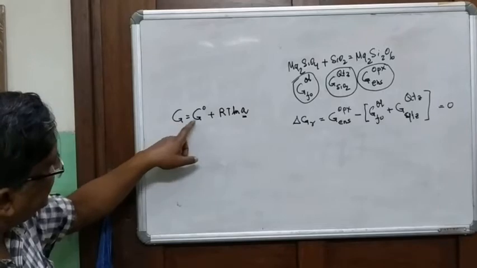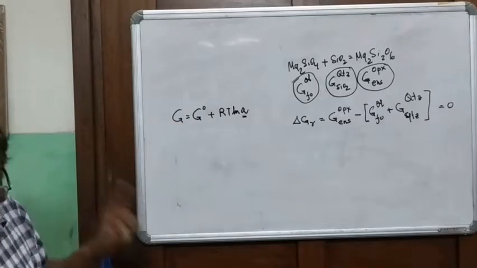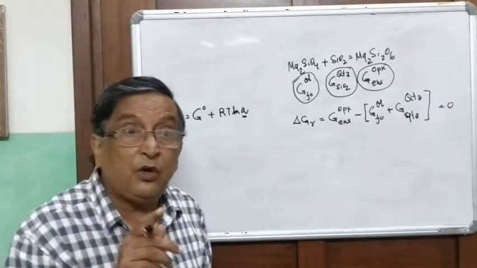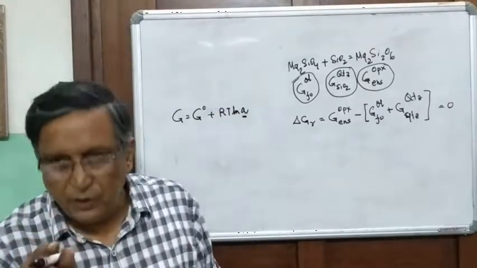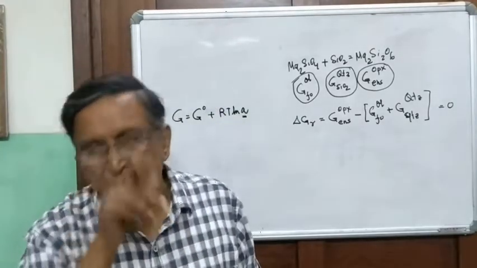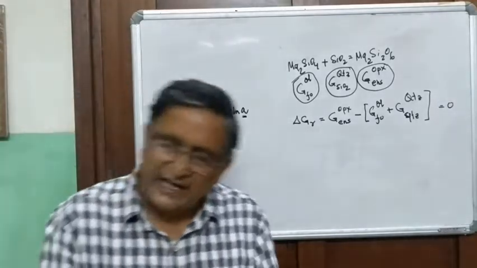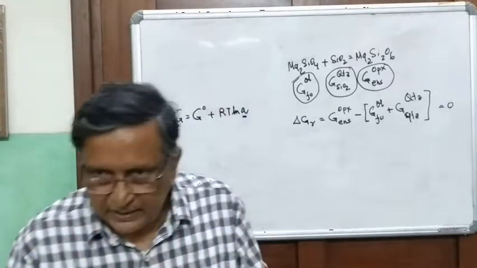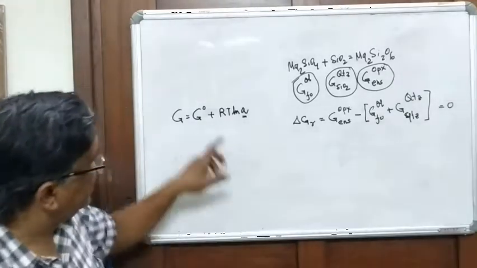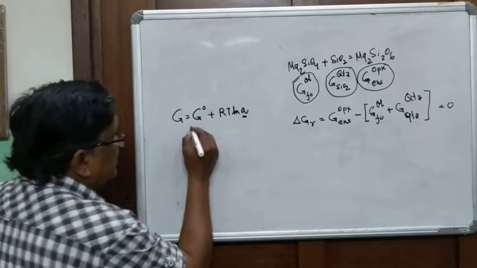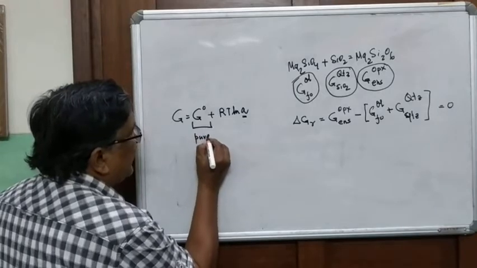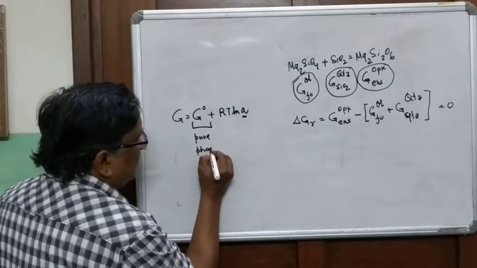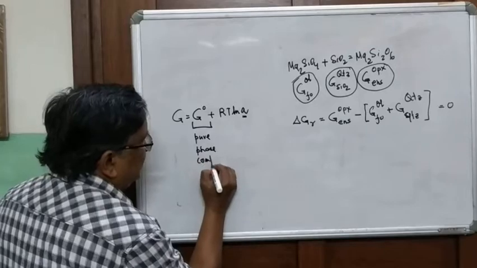So it is G is equal to G0. And what is G0? G0 is the energy of the phase component if it's pure at a particular pressure temperature condition. At a particular pressure temperature condition, G0 is the free energy contribution of the pure phase component.